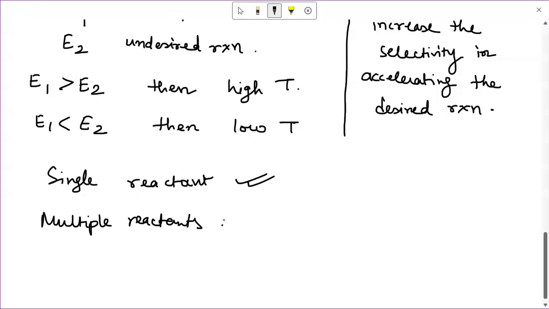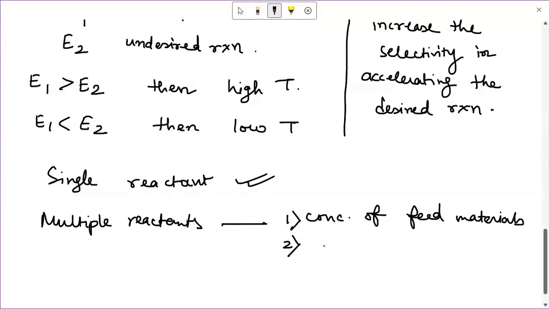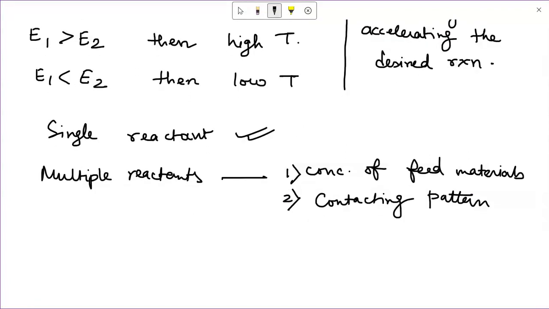When we are talking about multiple reactants, there are two controlling factors. One is the concentration of feed materials, and the other one is the contacting pattern. So how these feed materials come in contact with each other also becomes important.